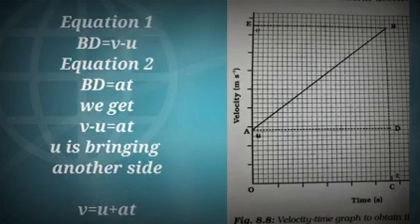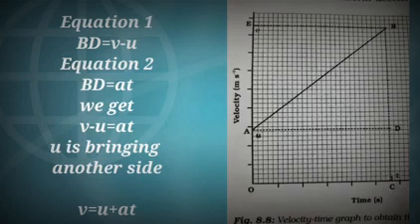Now you got two equations, that is BD is equal to V minus U, and now what we have found out, that is BD is equal to AT. So we can write V minus U is equal to AT. Look here, you can bring U to the other side, it will be changed into plus.